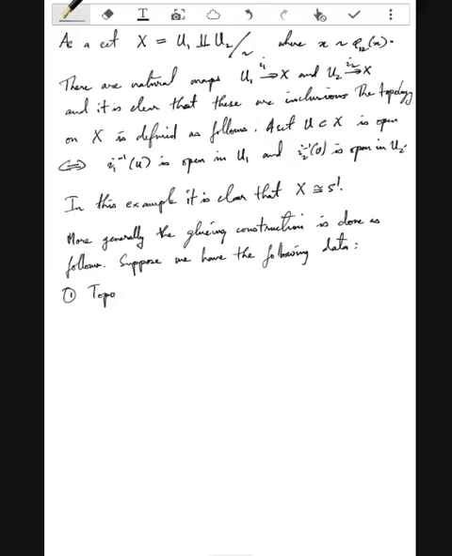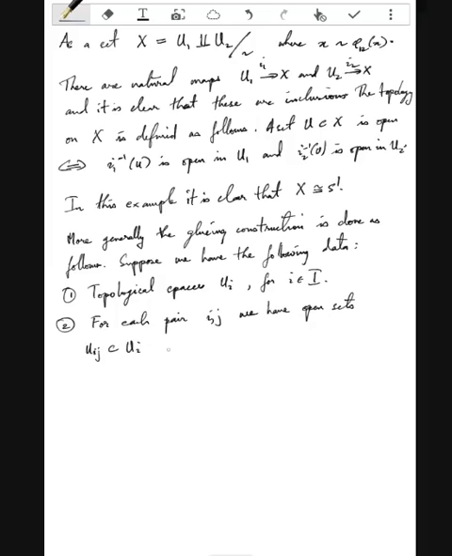One, topological spaces Ui for i inside some indexing set I. Two, for each pair i, j, we have open sets Uij contained inside Ui and such that Uii is equal to Ui.